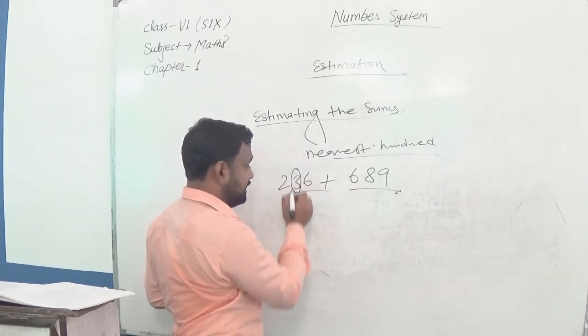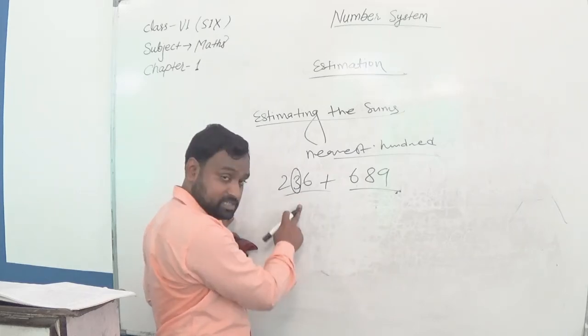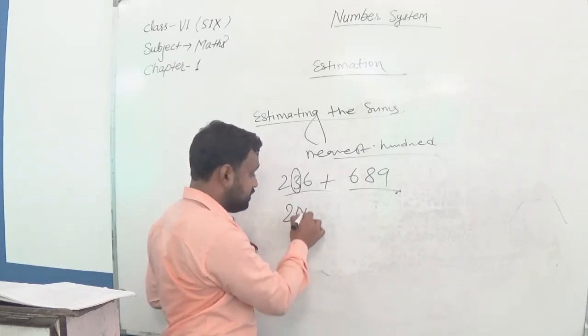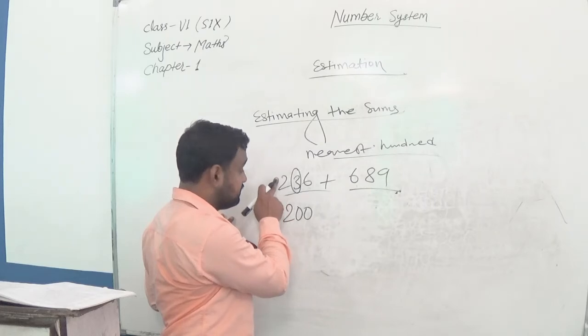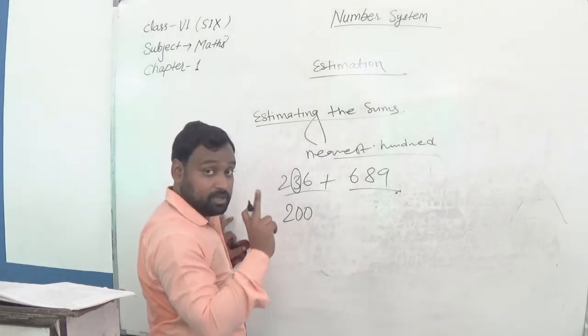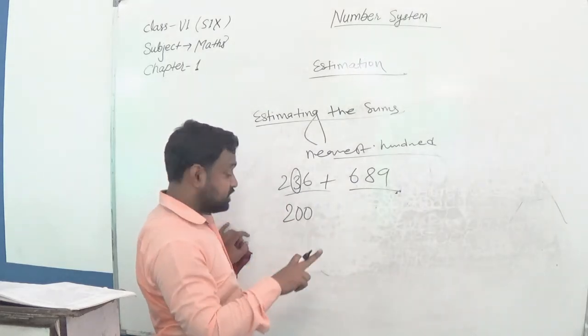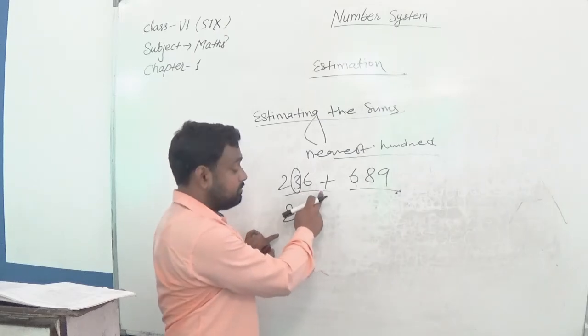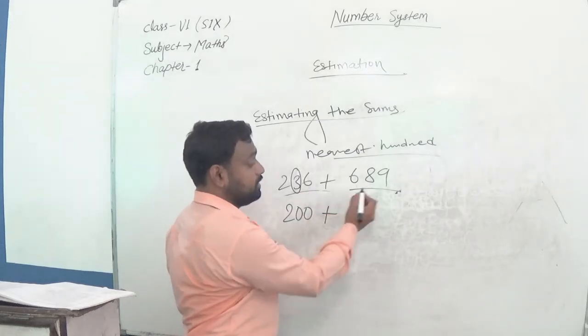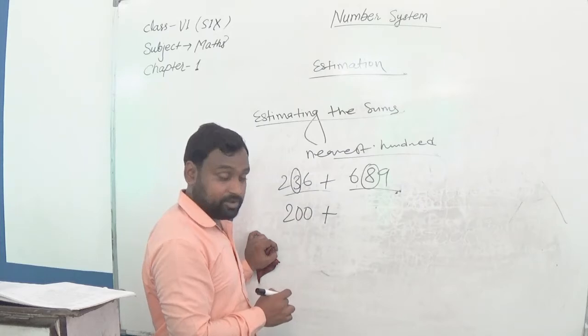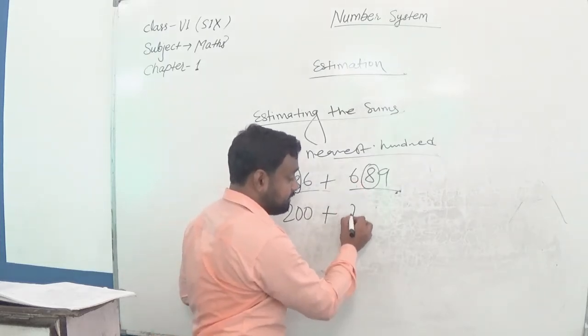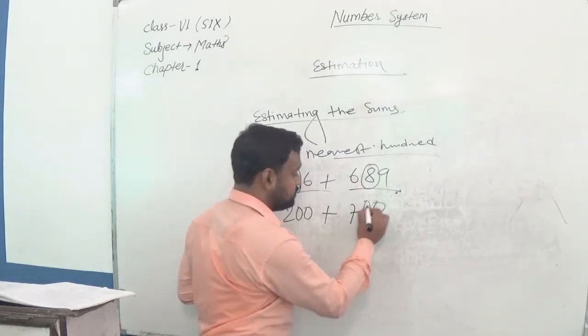We have 3 at the place of tens, less than 5, so it will be 200. The digit at the place of hundreds is kept unchanged, and the rest of the digits are replaced with 0. Plus 689: it is greater than 5, so 6 will become 7 and the rest will be 0.